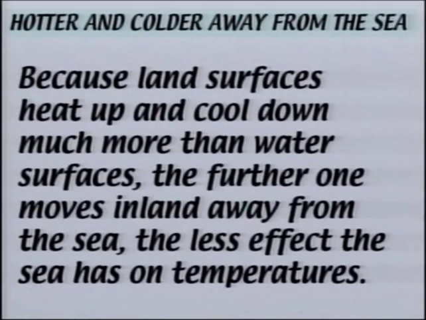Does that make sense? Okay, it's supposed to be if we understand that basic rule that I have mentioned. Land heats up quicker and it loses heat quickly also. Meanwhile, the sea or the water heats up slower and it loses its heat slowly also.